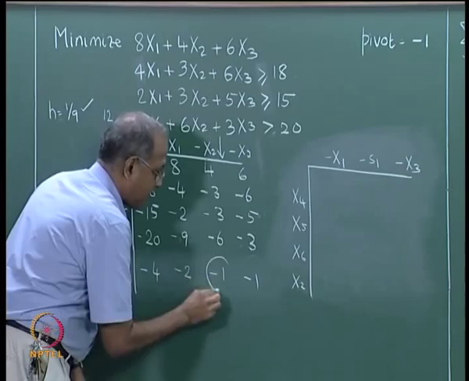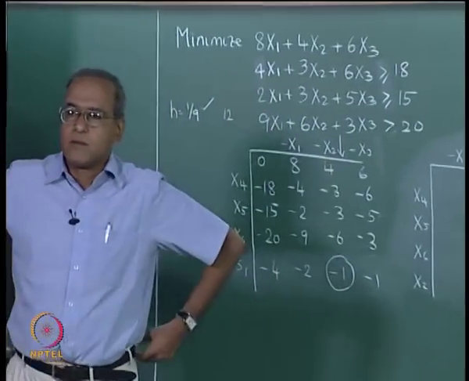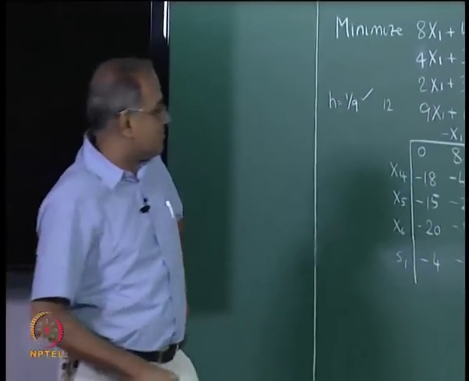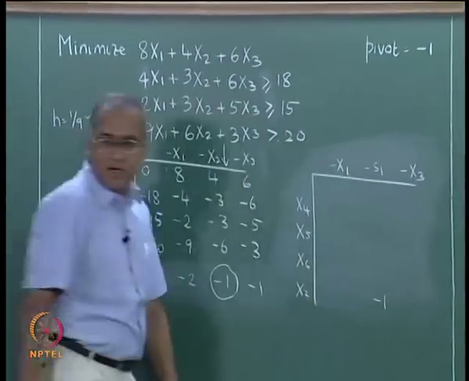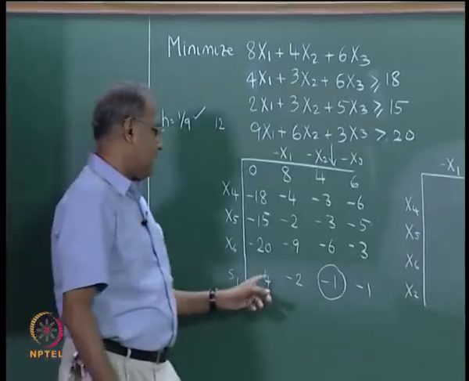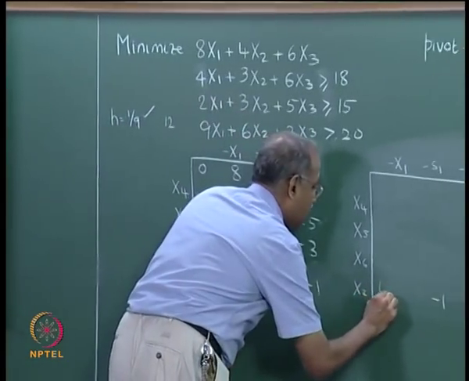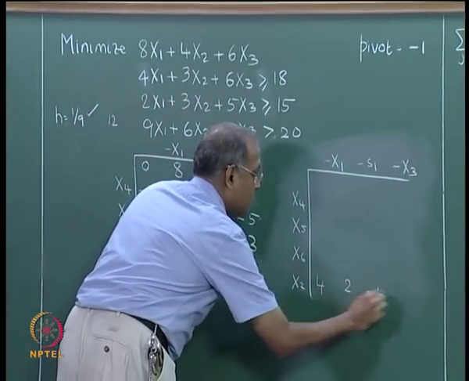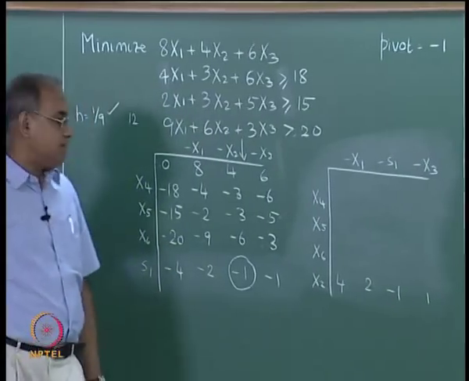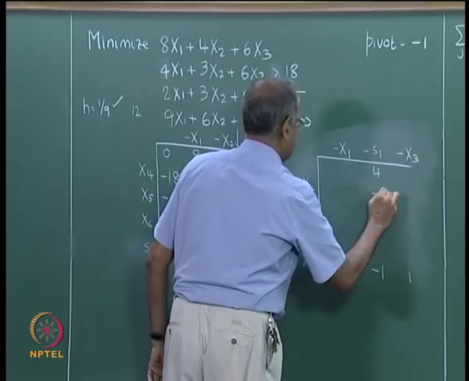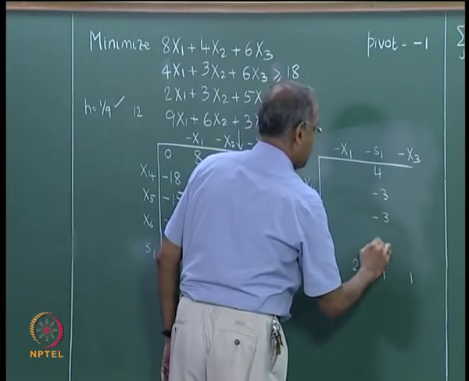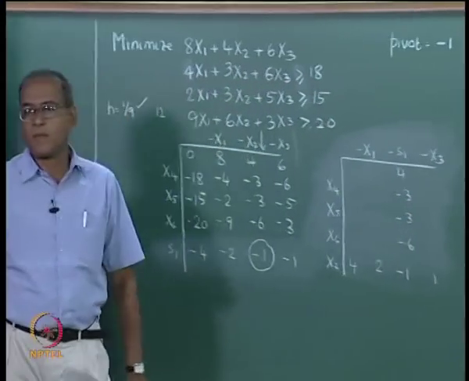So, this is our pivot. So, once again pivot becomes 1 by pivot, so minus 1, divide by the pivot element 4, 2, 1, divide by negative of the pivot, so 4, minus 3, minus 3, minus 6.